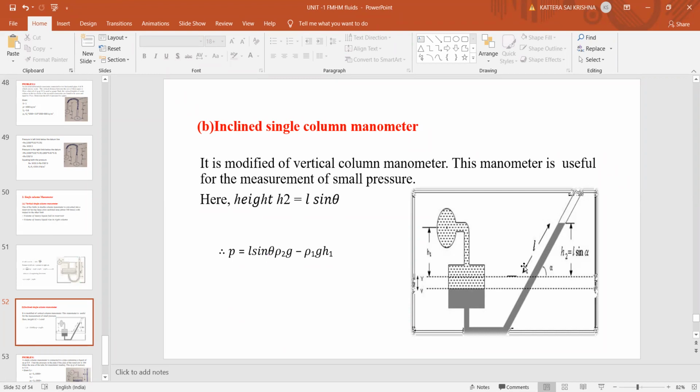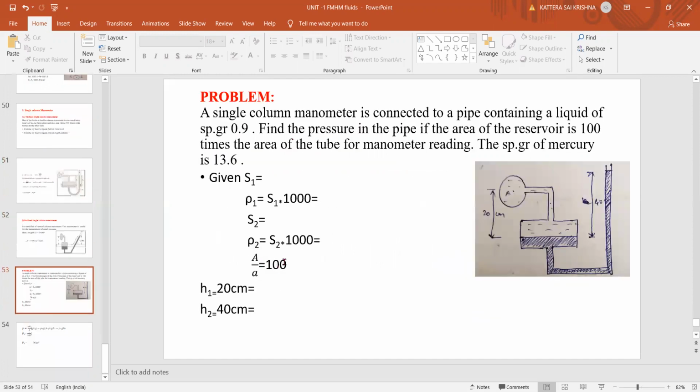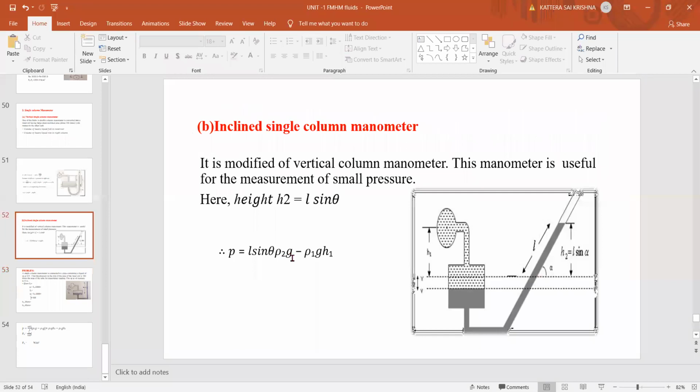I have shown theta here. So H2, the height of the liquid here, is L sin theta. If you substitute that in the previous equation, here H2 is L sin theta, you'll get this equation: L sin theta rho 2 G minus rho 1 G H1. So these two formulas you need to remember.